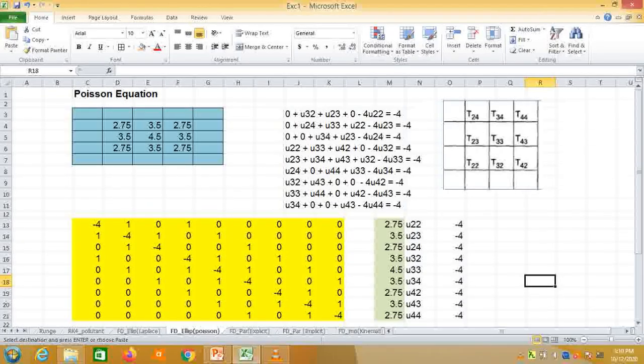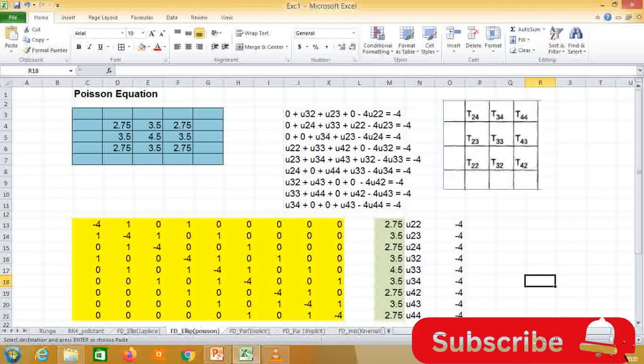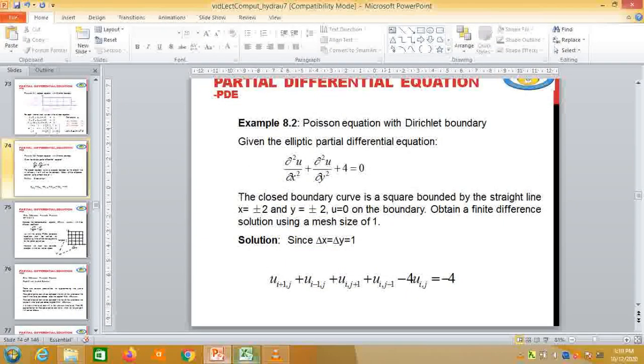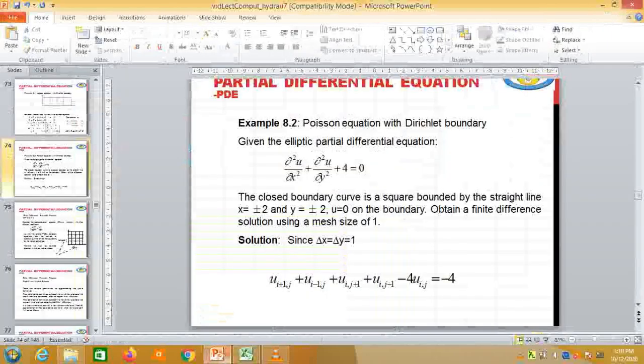Assuming a similar constant size of delta x and delta y, we are going to use that set of equations, expressed here as equal to -4. For the first equation, from the Laplacian difference equation, this would read: we add all the values at the surrounding nodes, minus 4 times the interior node, is equal to -4.